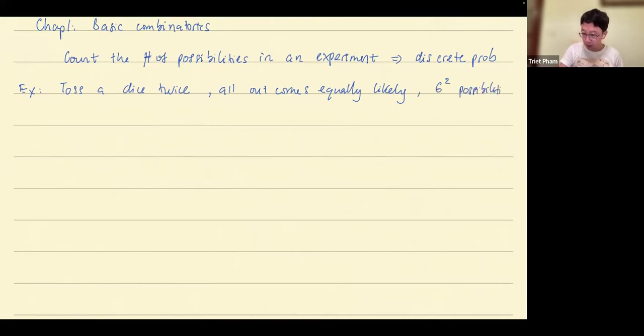This is just a very small application of combinatorics. Then the probability of any of these outcomes, for example getting a 5 and a 1, is going to be 1/36, because all outcomes are equally likely and we have 36 outcomes. Things like that.